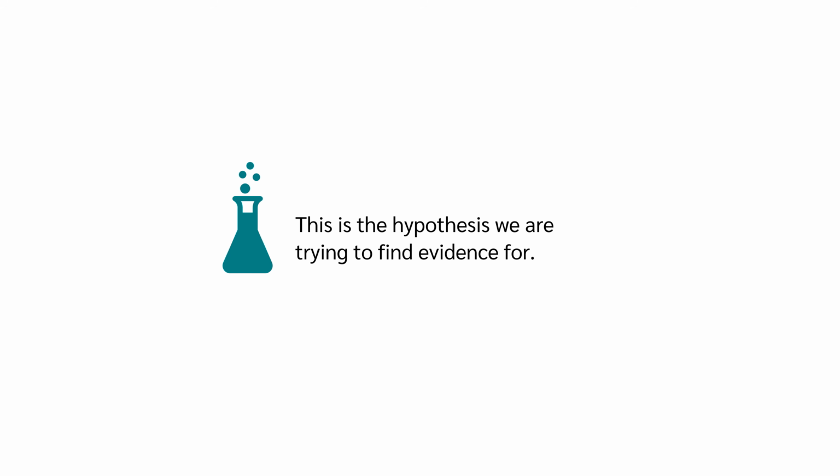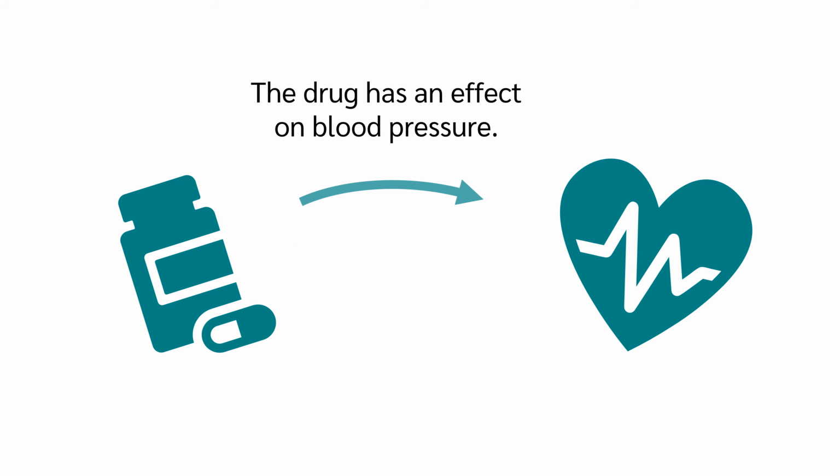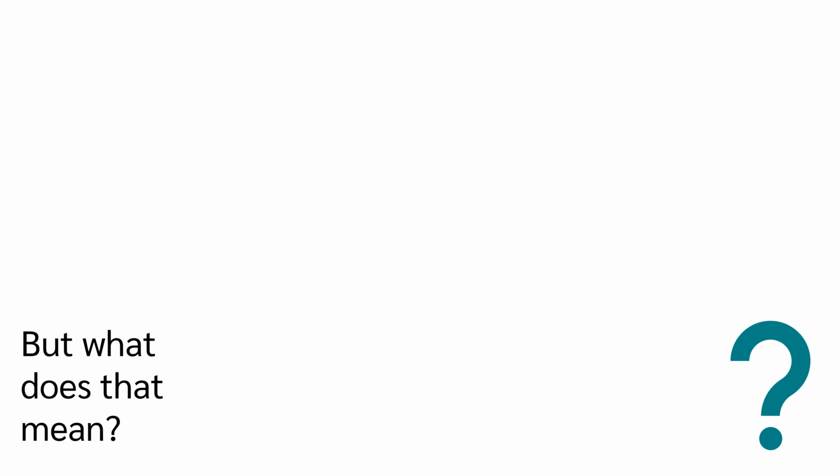This is the hypothesis we are trying to find evidence for. In our case, the research hypothesis is the drug has an effect on blood pressure. But we cannot test this hypothesis directly with a classical hypothesis test. So we test the opposite hypothesis, that the drug has no effect on blood pressure. But what does that mean?